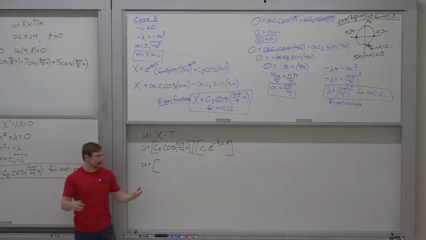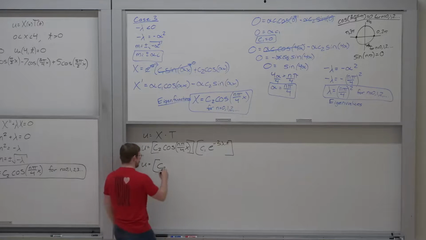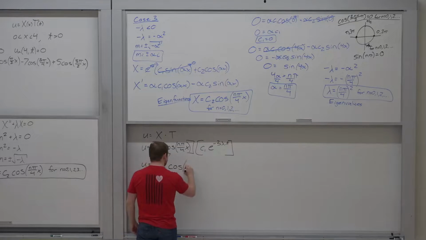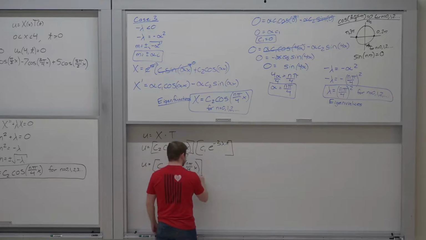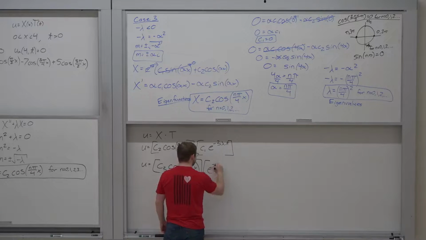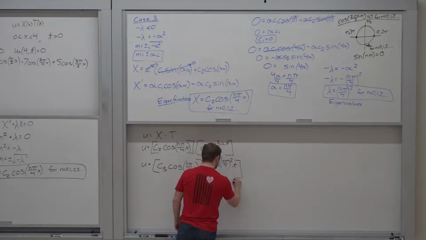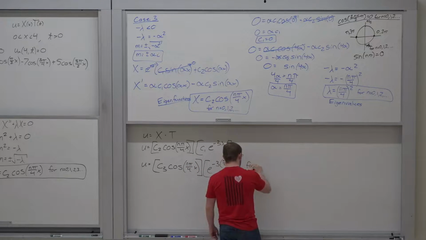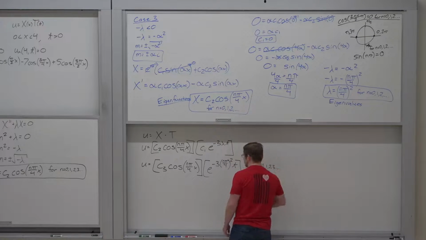Those are just going to become one constant, so I'll write that as c3 times cosine of n pi over 4 x times e to the negative 3 times n pi over 4 squared times t. And this is for n equal to 0, 1, 2, 3, and so on.